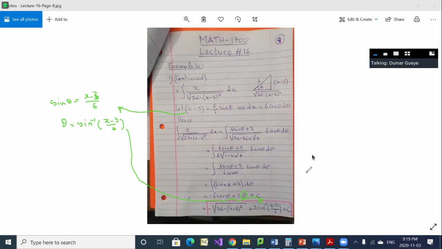Because when you complete the square, you will get either the summation of two squares or the difference of two squares, as in our first example here. And in both situations, you can use the trig substitution. Any question?